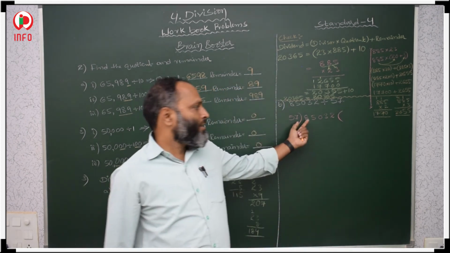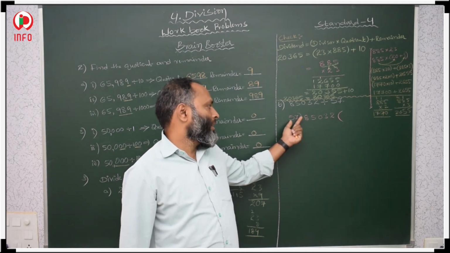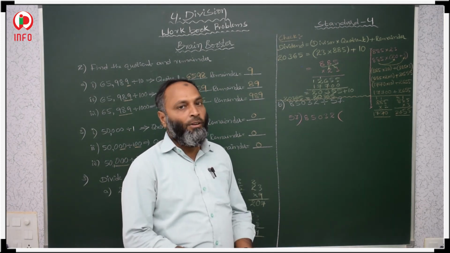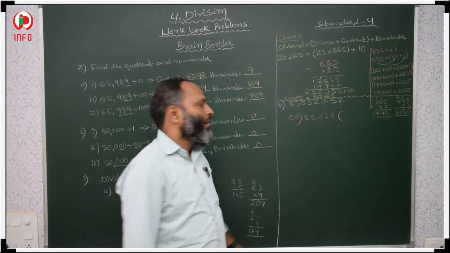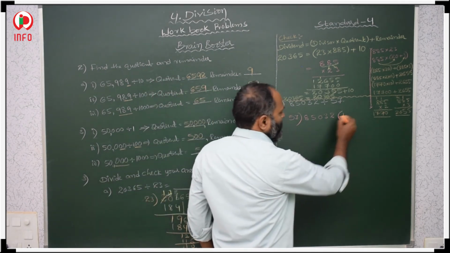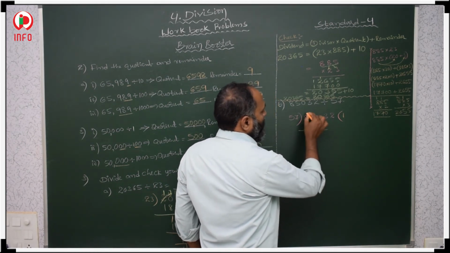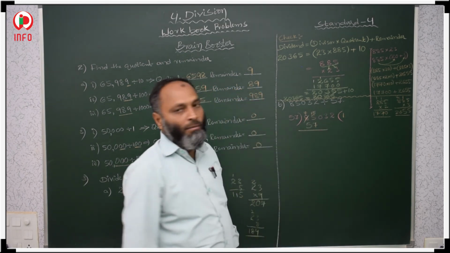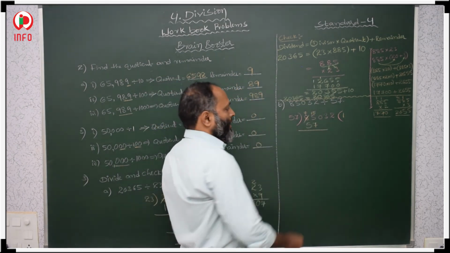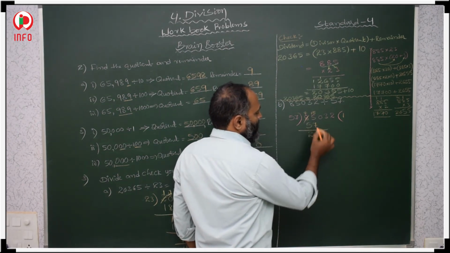First we take the first two digits, 85. 85 is greater than 57, no need to take the next place. 57 ones are 57. Now borrow: 15 minus 7 is 8. 7 minus 5 is 2.